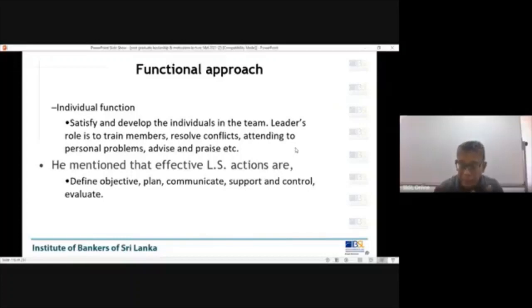But here they take the group into account as well. So accordingly, to have better, correct leadership ideal for the situation, we have identified the total situation. So they look at the three aspects, that is the total situation. Identify which of the three functions must be given priority and balance accordingly.